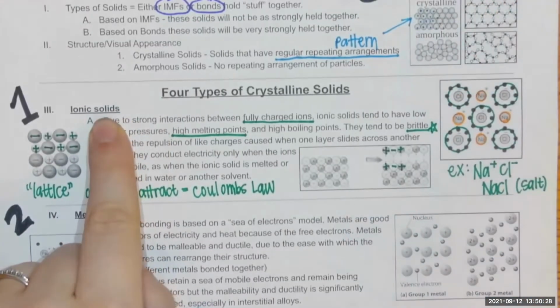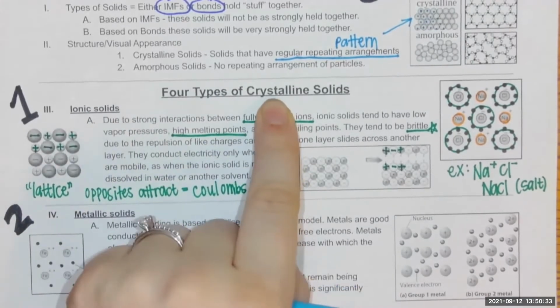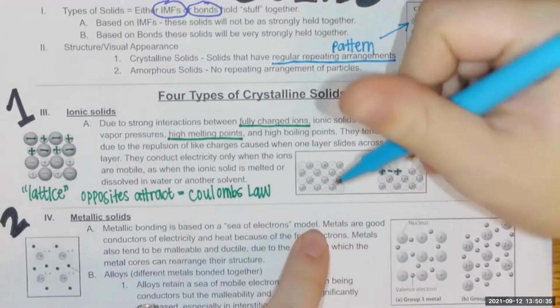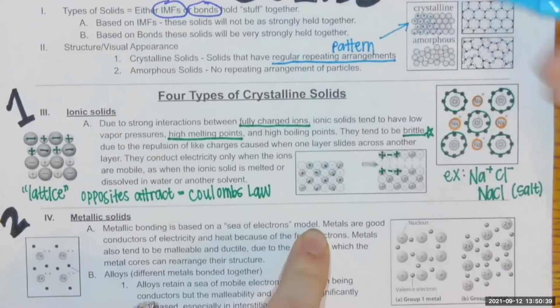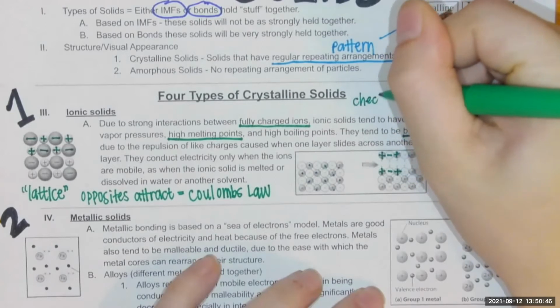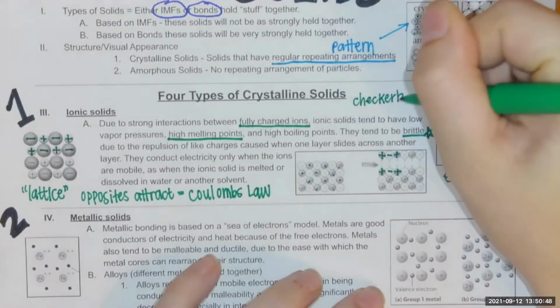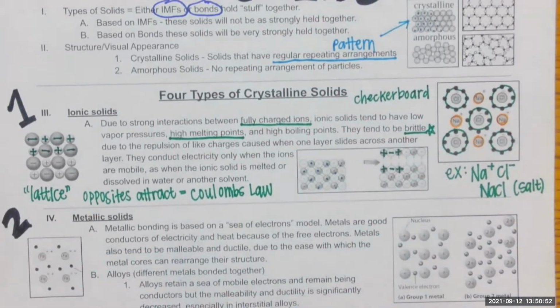So ionic solids definitely fits into the crystalline solids because it's got that pattern of a checkerboard. That's usually how I recognize them.